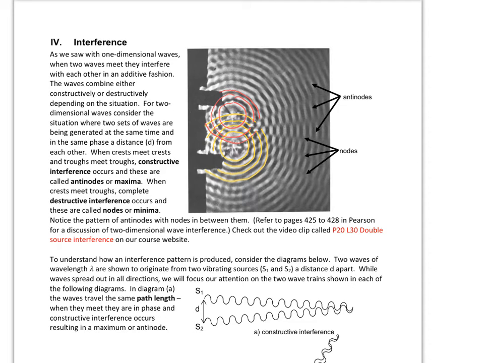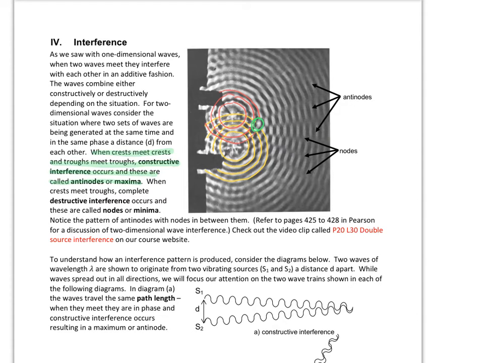And we get what is called an antinode. Okay, so when crests meet crests and troughs meet troughs, constructive interference occurs, and these are called antinodes or maxima.